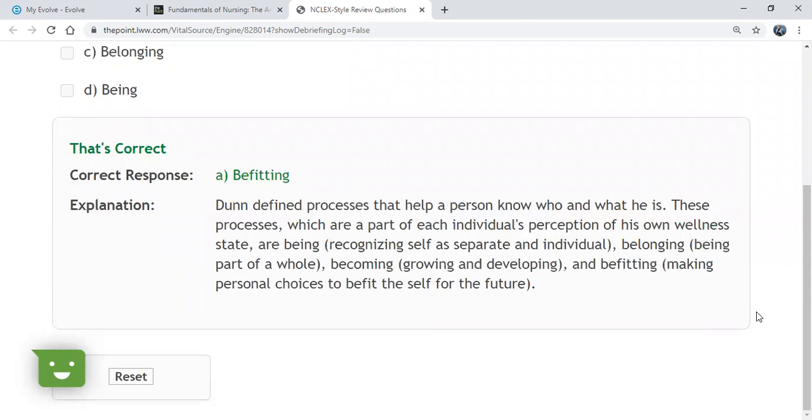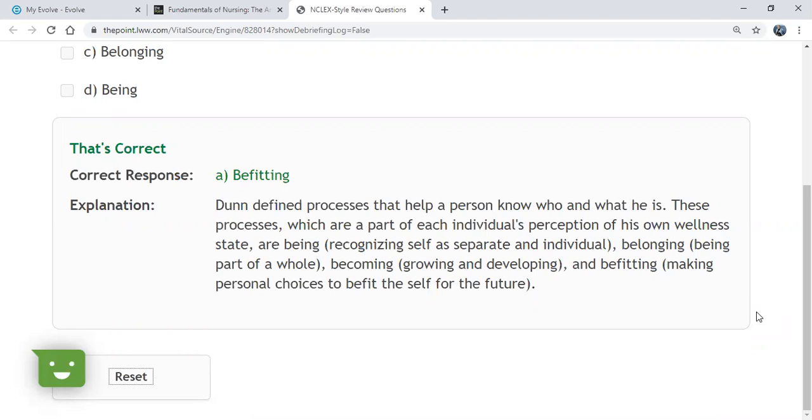Okay, good. So Dunn defined processes that help a person know who and what he is. These processes are part of each individual's perception of their own wellness state and being, recognizing themselves as a separate and individual person. Belonging is being part of a whole. Becoming is the ability to grow and develop, and befitting is making personal choices to be fit to self for the future.